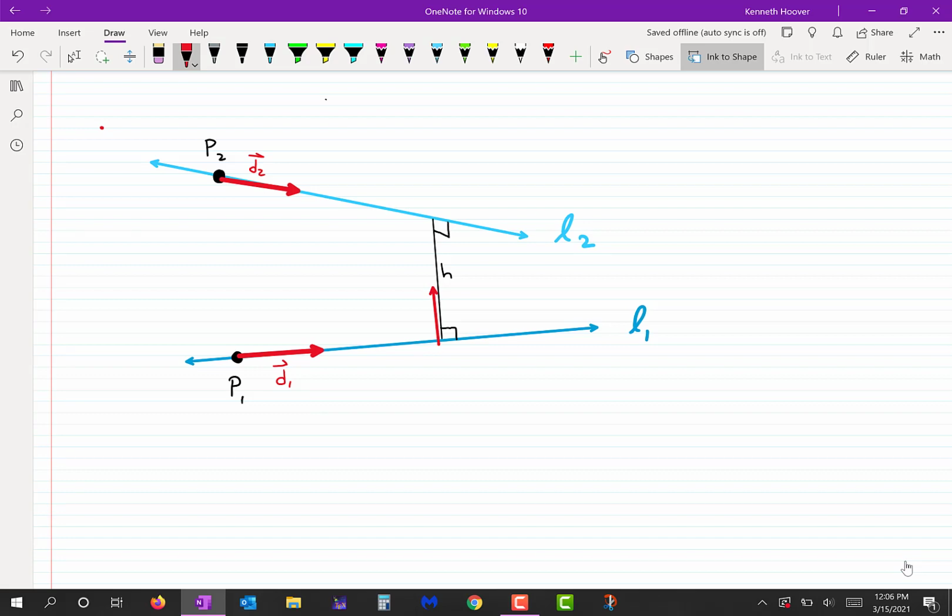Okay, let's call that C. Then C would have to be perpendicular to D1 and also perpendicular to D2. Okay, how can I find a vector that's perpendicular to D1 and D2? Well, if you think about it, isn't the cross product of two vectors orthogonal to both vectors? So therefore, I can choose C to be the vector D1 cross D2.